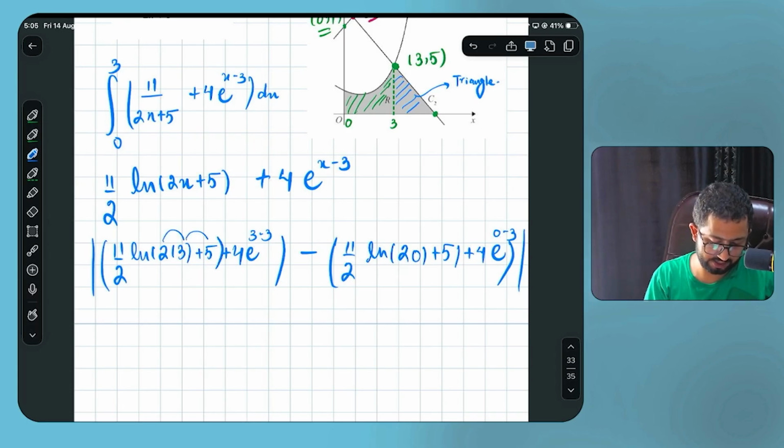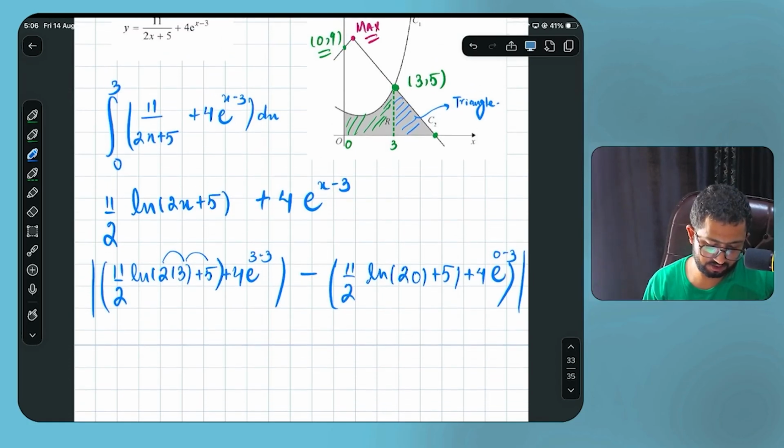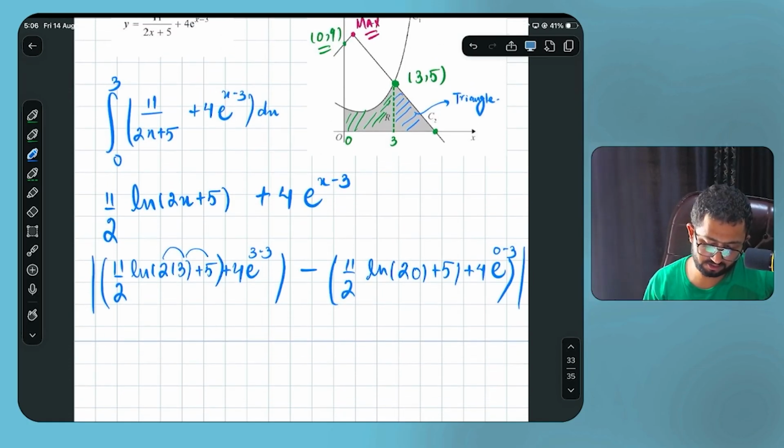2 times 3 is 6, 6 plus 11. So ln of 11 plus 4e raised to power 0. Two times 0, 0 plus 5.